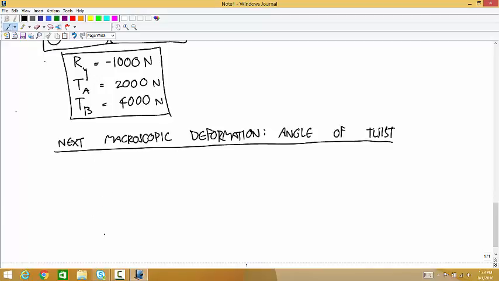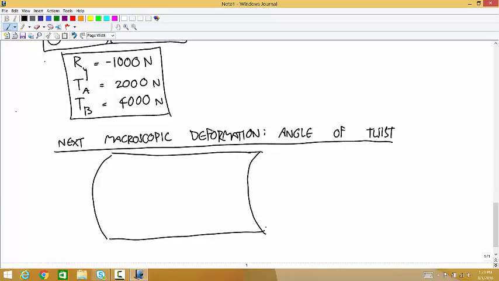Okay, so say you have a cylindrical torsion member, and you apply a torque this way to one end and an equal and opposite torque to the other end.